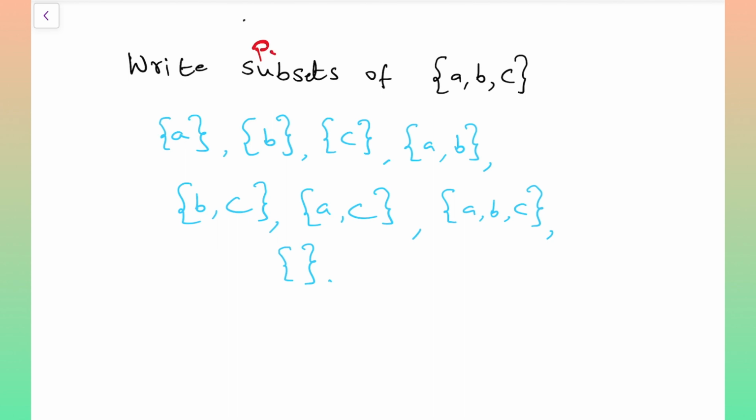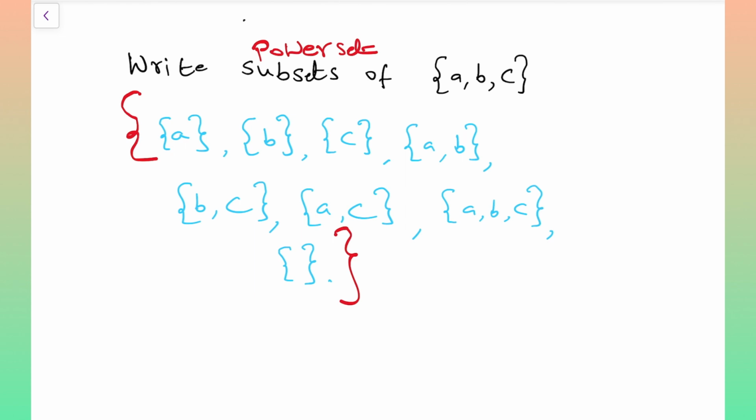Remember this word. If they ask only about subsets, write this answer as it is and finish. In case they ask to write the power set, you keep all these subsets in a set, finish.